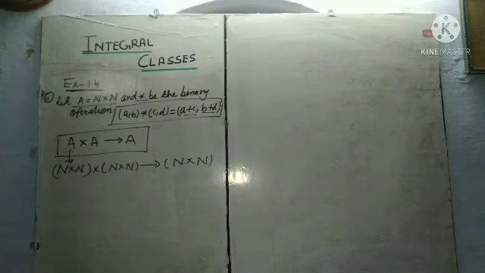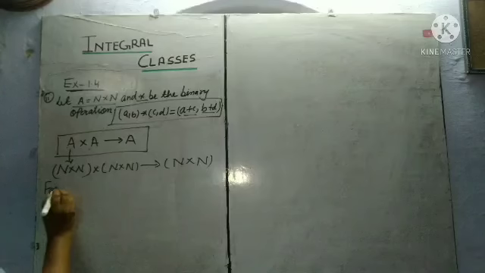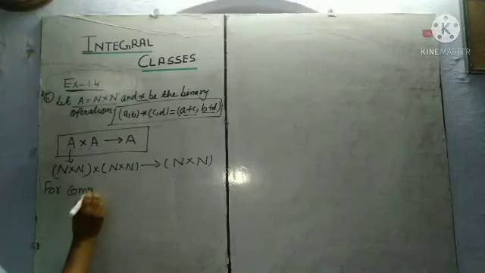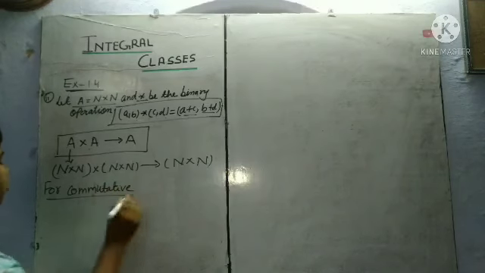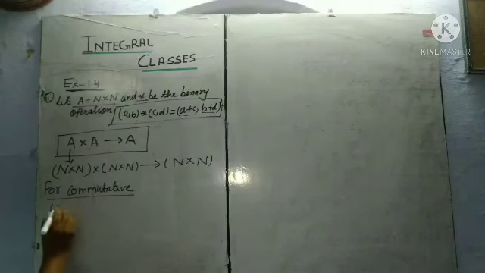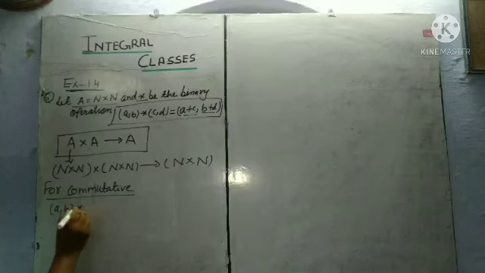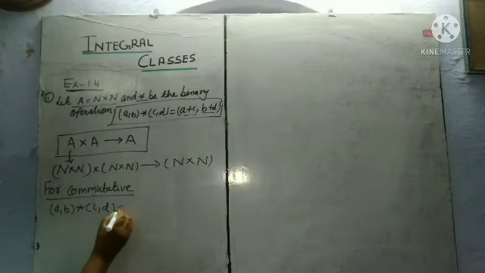Now we will find out whether this binary operation is commutative, associative, and find the identity element of this operation. So student, for commutative, we know that (A, B) star (C, D) equals what?